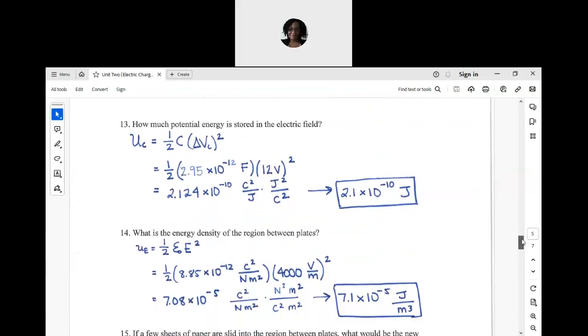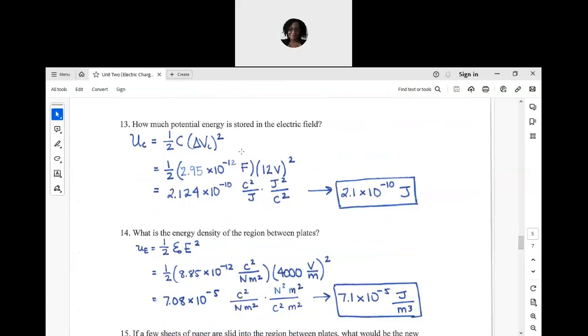Moving on, that electric field is capable of storing potential energy, and since I know the potential difference between the plates and I know the capacitance at this point, I can figure out how much energy is in that field. So U sub C, the potential energy in the capacitor field, is just 1/2 the capacitance times the square of delta V. That is where 2.1 times 10 to the negative 10 joules comes from.